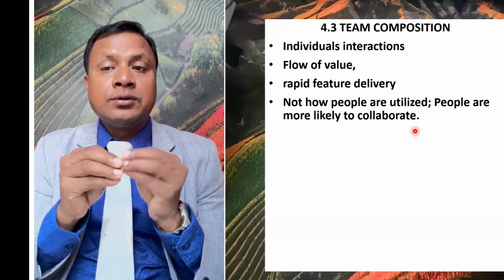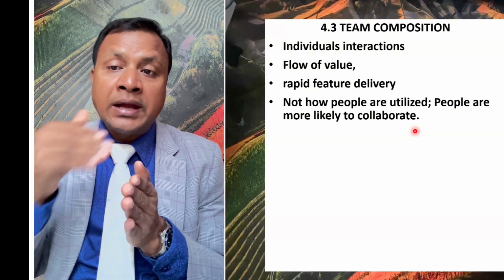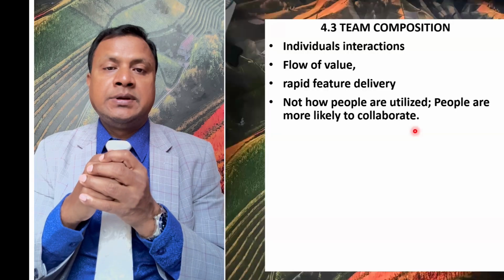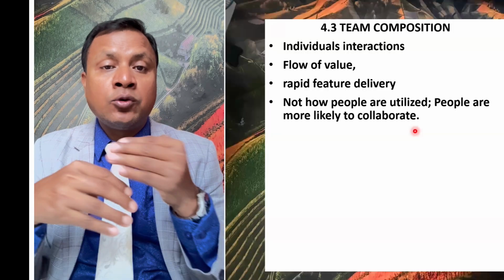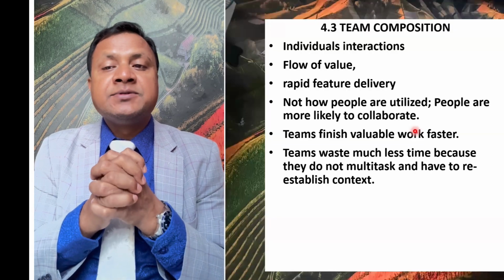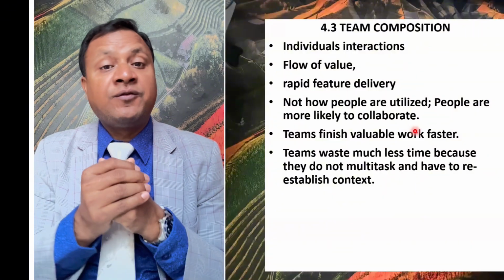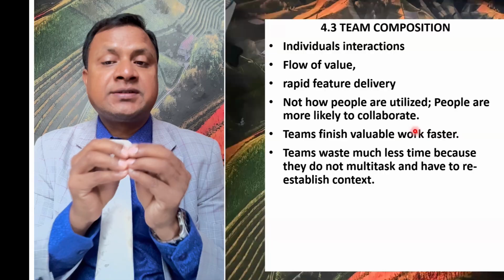We will not focus on how people are utilized. Rather, we will focus on how people are more likely to collaborate. Everyone will be participatory and will be working as a collaboration process. And agile teams always finish valuable work faster.